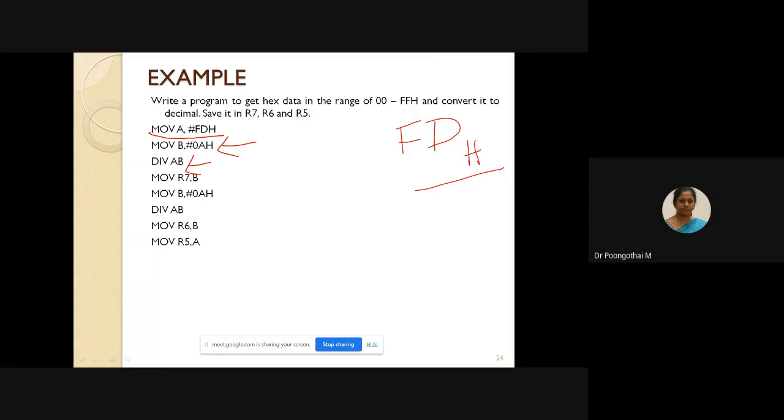Perform the DIV operation, that is FD divided by 0A. After division, your quotient holds what value? 19. Remainder 3. So your quotient answer will be held by the accumulator and the remainder will be held by the B register.